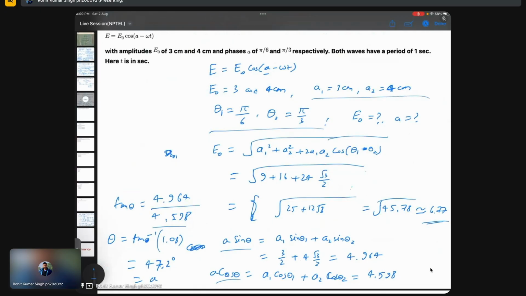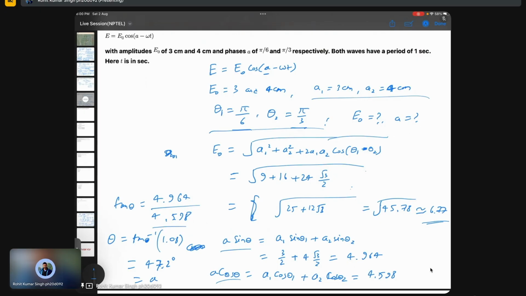Excuse me, sir. Is it cos pi by 3 or pi by 6? Cos where? In E naught is equal to root under a1 square plus a2 square, so this is cos of theta 1 minus theta 2. Yes, theta 1 is pi by 6, theta 2 is pi by 3.